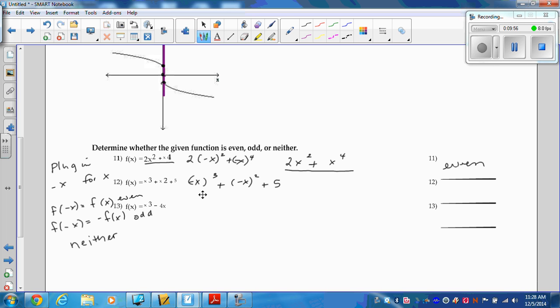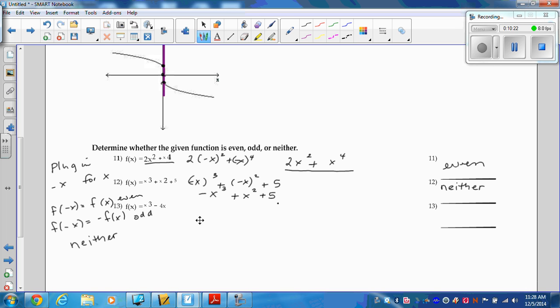So this one becomes negative x cubed plus x squared plus 5. And this one turns out to be not exactly opposite. This one term is opposite, but the other two are the same. So since that's the case, this one is actually neither.